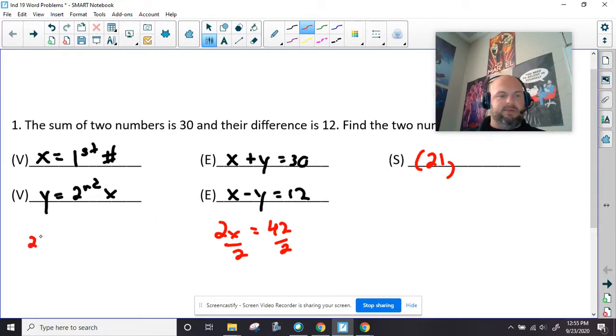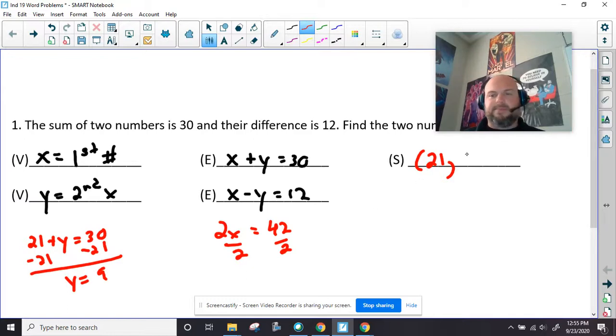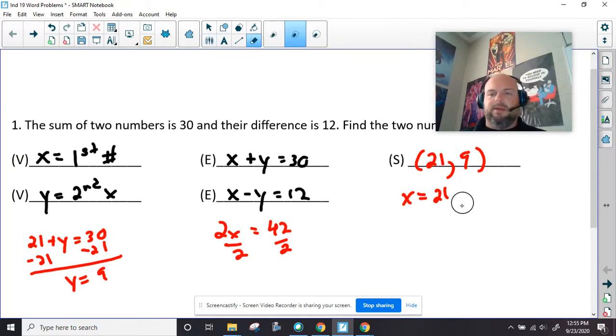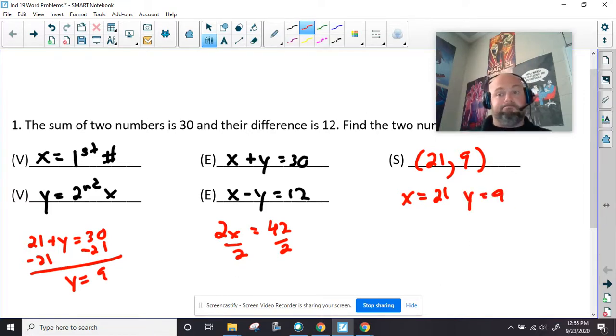Okay, so this is 21 plus y equals 30. Subtract 21, subtract 21. Okay, y equals 9. So here's your answers. x equals 21, y equals 9. All right, not too bad.